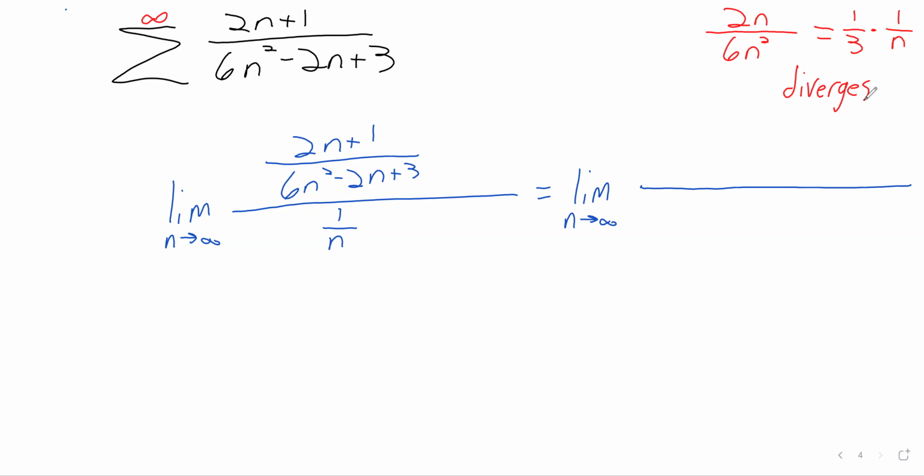We take the 1 up, we flip this 1/n over, and we get 2n^2 + n over 6n^2 - 2n + 3. And we're taking the limit as n goes to infinity. We can use L'Hopital's rule twice.